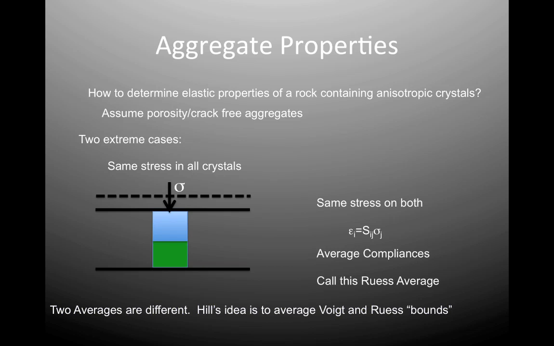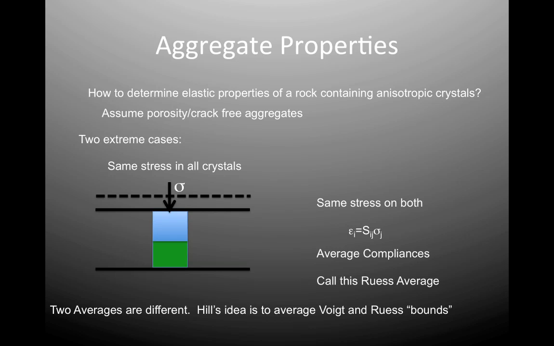The two averages will give us different estimates of the elastic properties. And the two averages, the two bounds, the Voigt and the Reuss, represent two physically unrealistic situations. You would imagine that in a real crystal with all the green boundaries in contact that you have some mixture between uniform stress and uniform strain on the crystals.